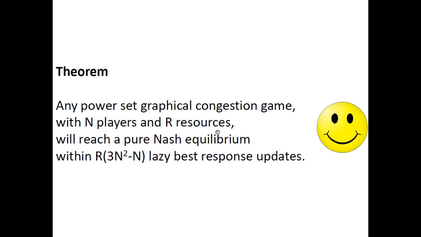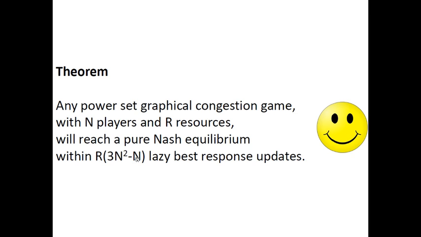So if the players are doing asynchronous lazy best response updates, then whatever the system is, say it's got n players and r resources, whatever state it's in, and whatever graph structure you have, the system's guaranteed to go to a pure Nash equilibrium within r times 3n squared minus n lazy best response updates. So this is really important because this is a massive collection of different systems, and they all have this really nice convergence property.